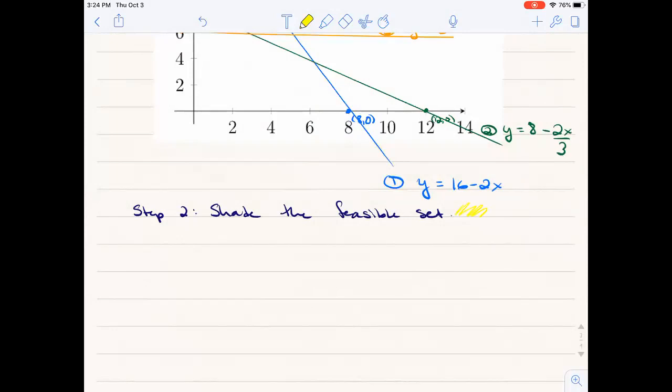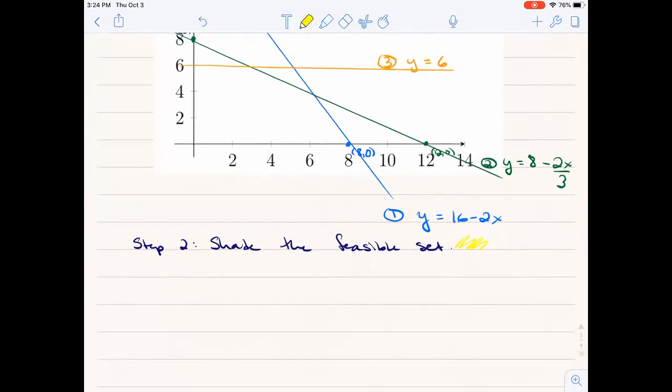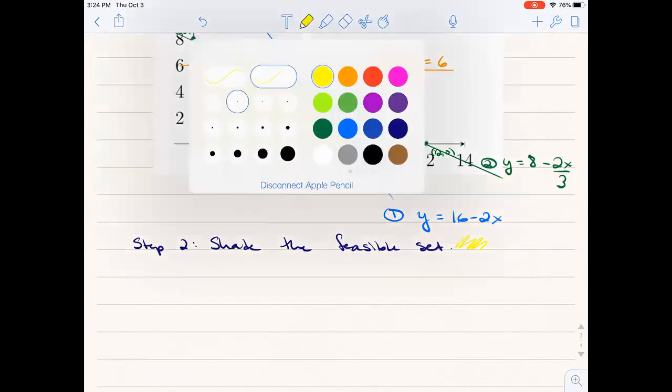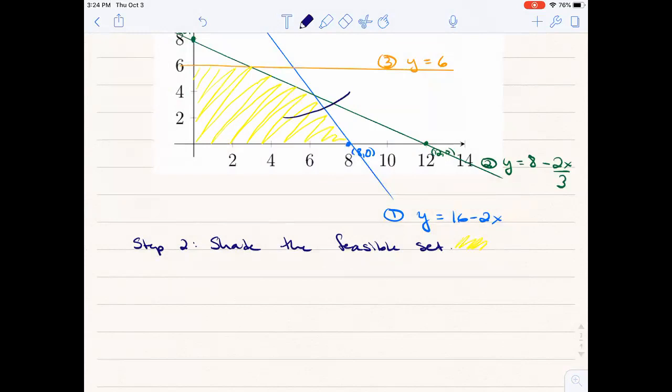Okay. So it's going to be all of this area here. And I'll just make a note here that this is the feasible set. Okay. That was an easy step, right?